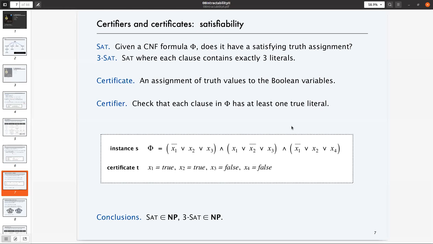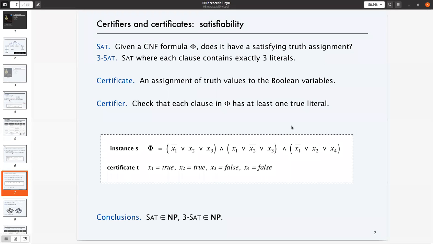Whenever someone asks you about the vertex cover problem, you don't know what the vertex cover is or how to find it, but you know what should be the certificate. If I provide you a vertex cover of size k, you can verify that, right? In polynomial time. This is the main goal.